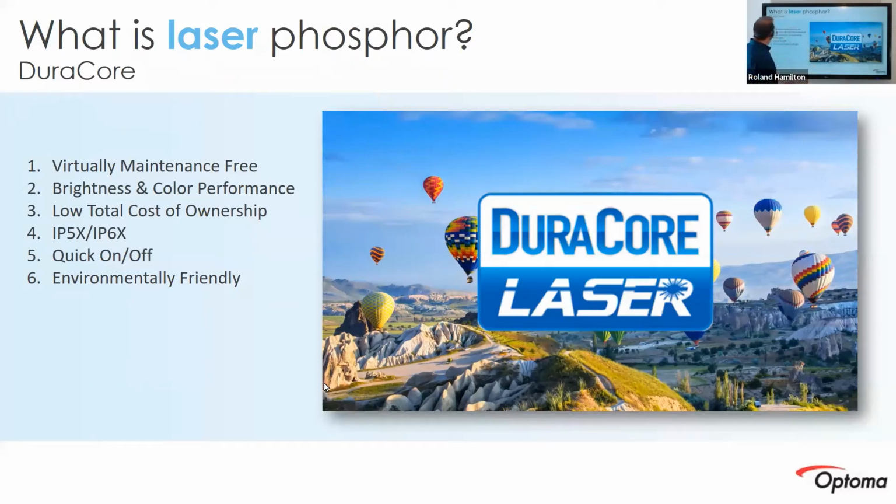Here we see the main advantages or benefits to laser projection, DuraCore from Optoma. We're going to cover each of these. If I had to add one here, I would add that due to our laser architecture, the way we've designed our proprietary laser technology, our units are quite compact and also quiet. So if you compare our product to a similar competitor's product, you're going to find that our units are quite small in size and compact and quiet.